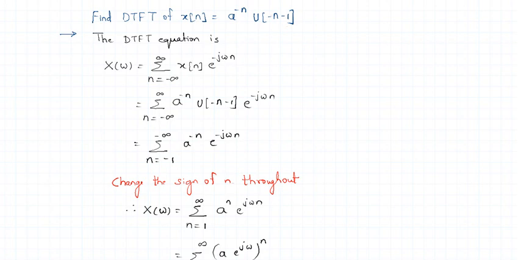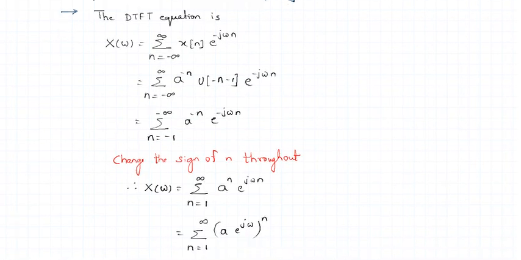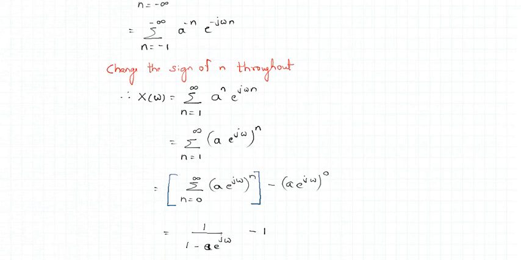It means that wherever there is n in the DTFT equation, we need to change the sign of n. So the very first n that appears is in the limits itself, so we are going to change the sign of the limits. We are going to change the sign of n here. Also we are going to change the sign of n here.